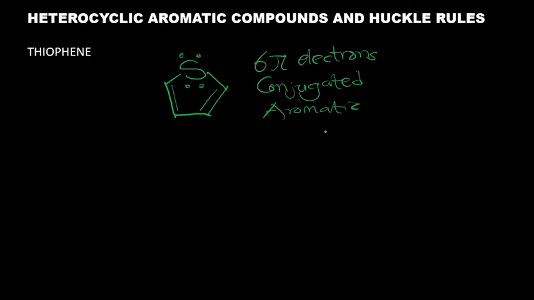Now, can you tell why this is aromatic from what we did earlier? If you want to try it, you can just pause the video and do the hybridization and find out if sulfur is aromatic or not aromatic.